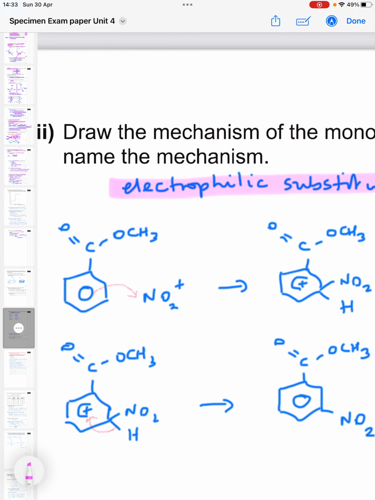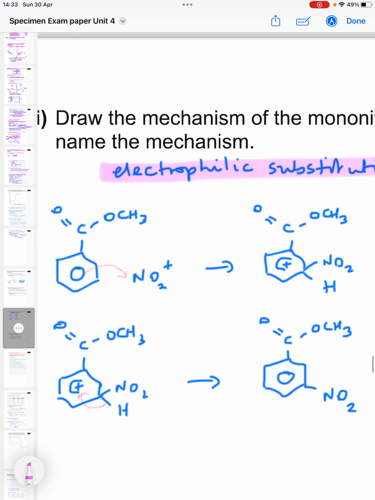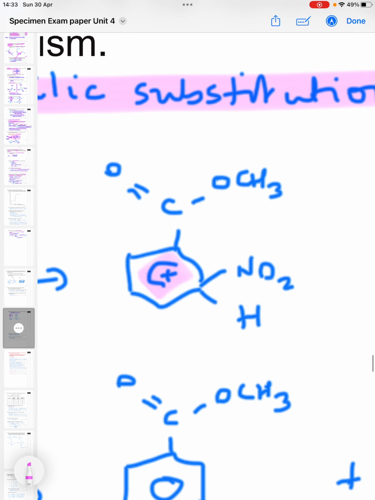And draw the mechanism of the mononitration of methyl benzoate and name the mechanism. So the mechanism is electrophilic substitution. And looking at it more closely here, this is our benzene derivative. You see the electrons moving from that delocalized ring in the middle. We've got the NO2 plus here, the electrons are moving towards it.